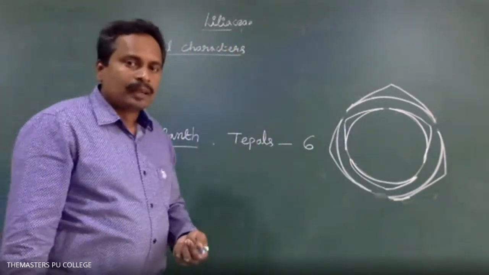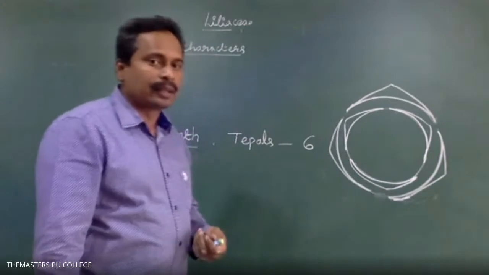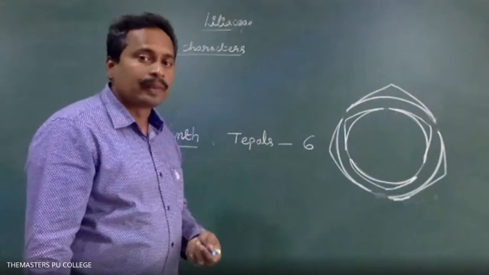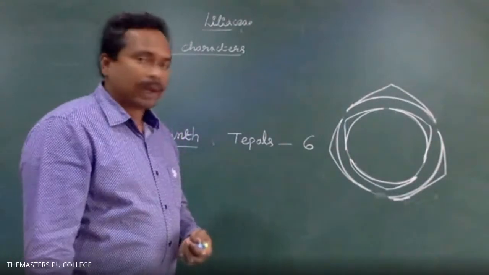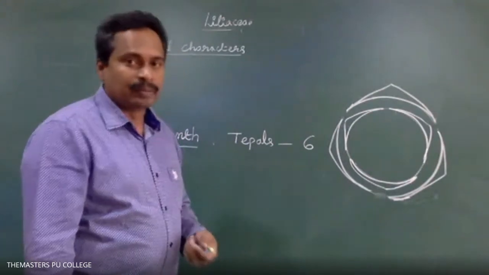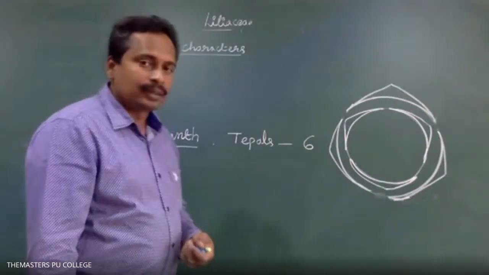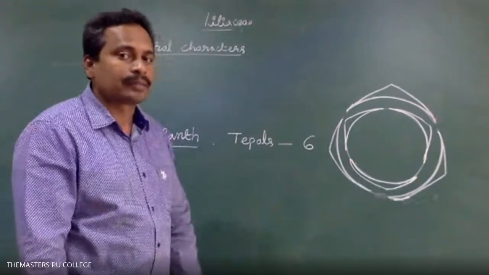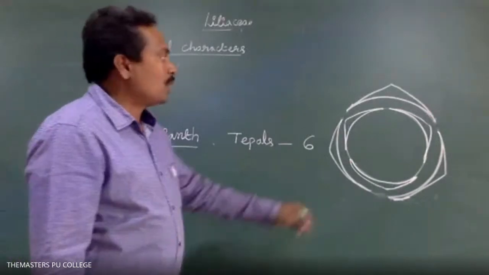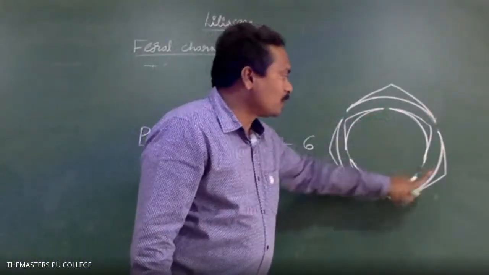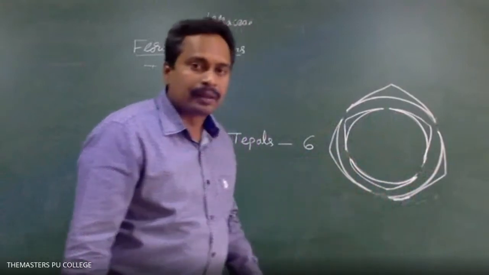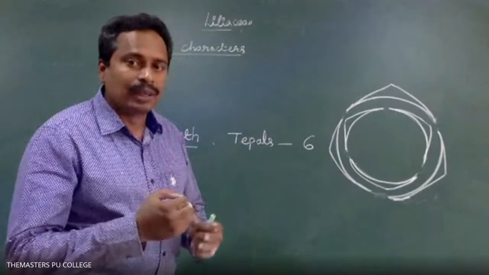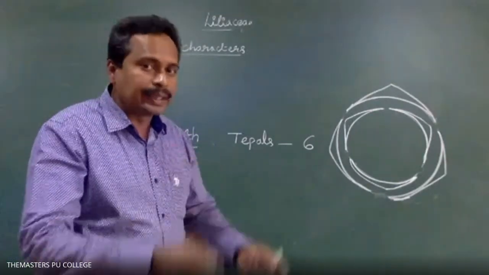How many tepals are there in a perianth? 6 tepals, arranged in 2 whorls. Each whorl consists of 3 tepals. In some plants of the Liliaceae family, the tepals are not united with each other, they are free. In some plants of the Liliaceae family, the tepals are united.